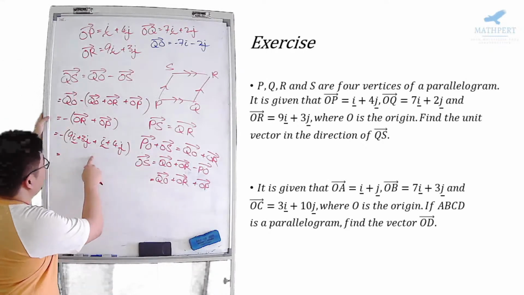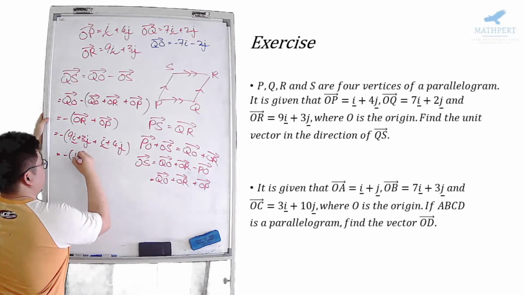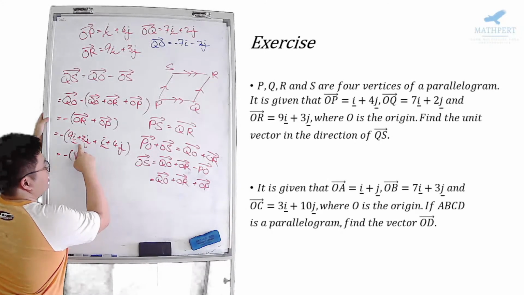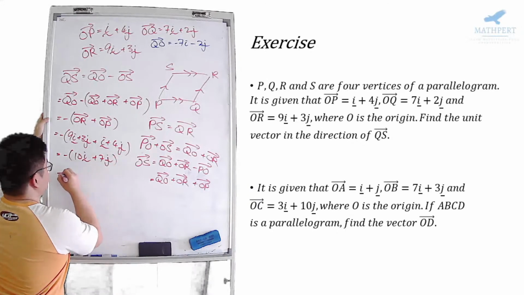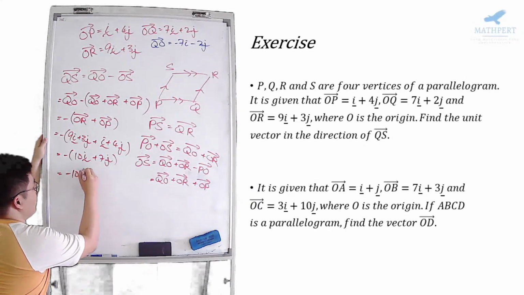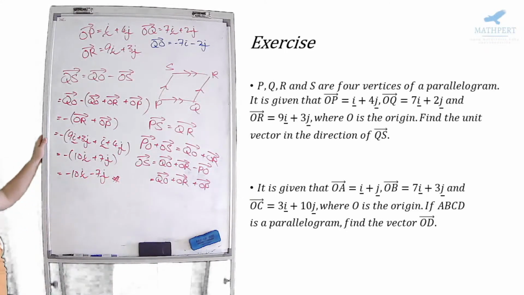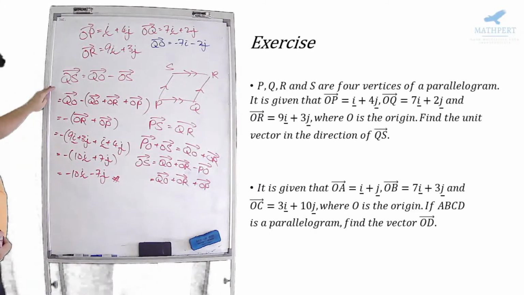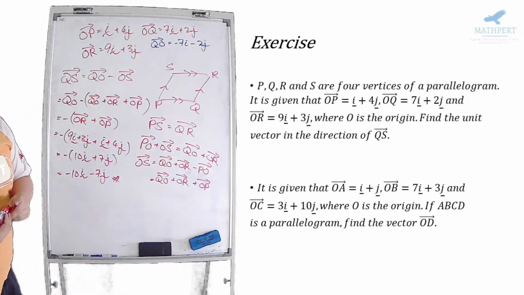So 9 plus 1 I get 10i, 3j plus 4j, I get 7j. Multiplying the negative in, I get negative 10i, negative 7j. So QS is equal to negative 10i minus 7j.